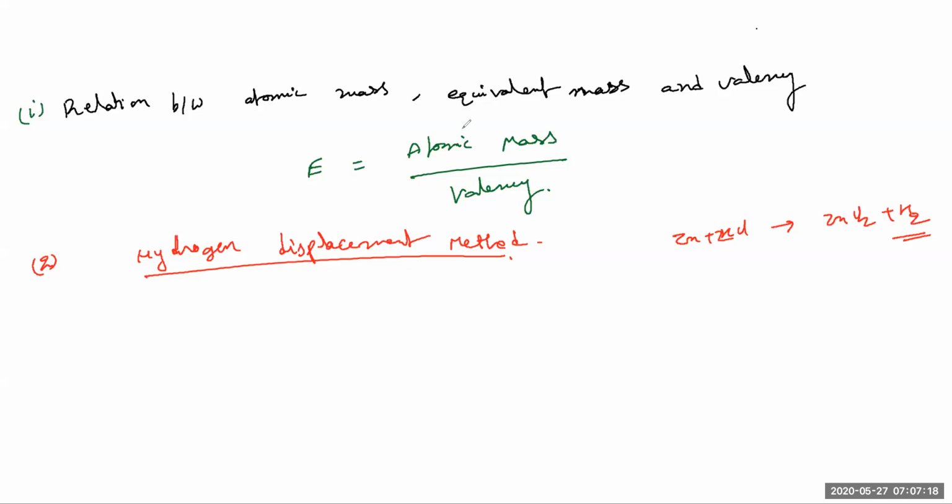Equivalent mass E is equal to the mass of element divided by the mass of hydrogen displaced, into 1.008.